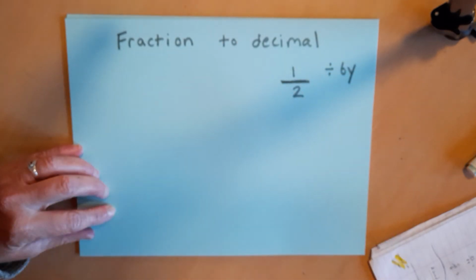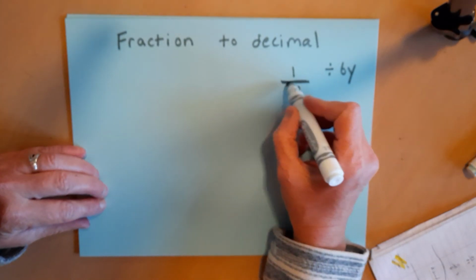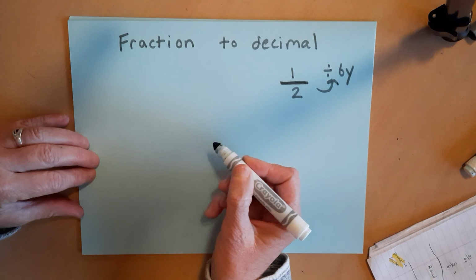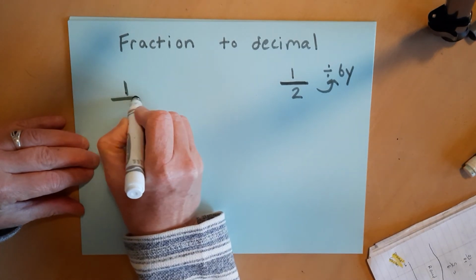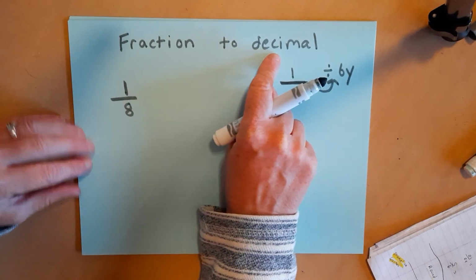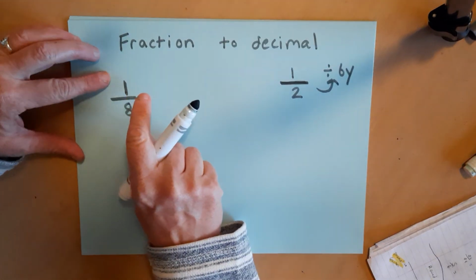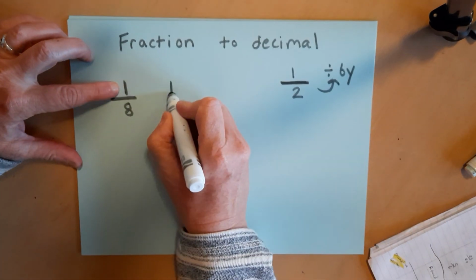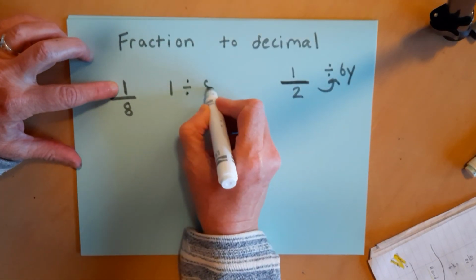That's why I had you write that down in your math tips, because it's really important to remember that this line means divided by. So if we have the fraction 1/8, and it says turn 1/8, this fraction, into a decimal, it's very easy to do if we remember that 1/8 means 1 divided by 8.